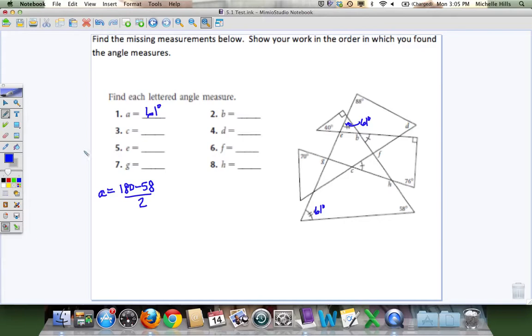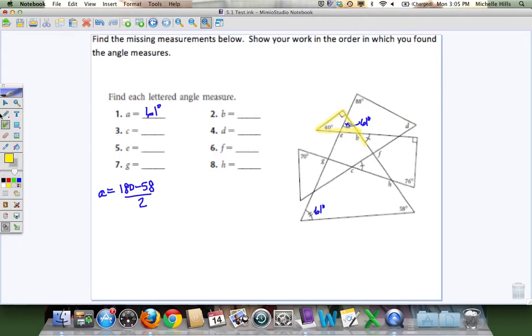Now, I did find B next, but I didn't always go in alphabetical order. For B, I looked and I said, if I look at this triangle, this right triangle, B is actually an exterior angle of that right triangle.